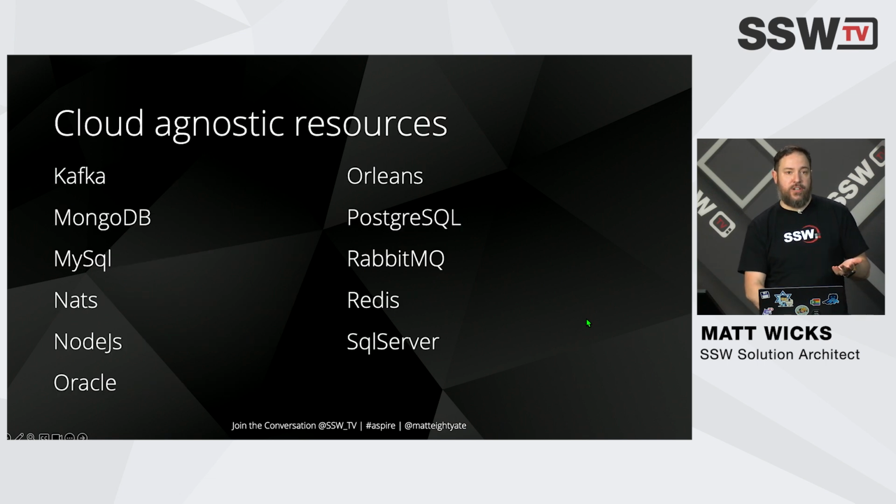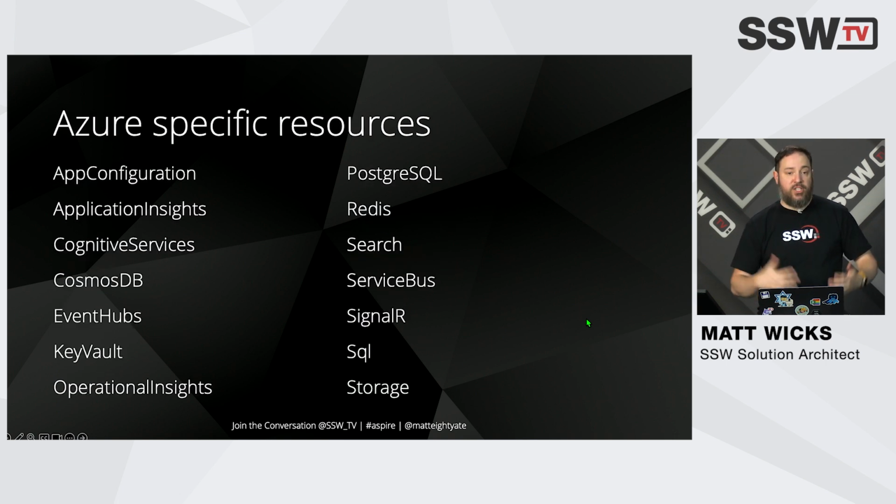There's a whole bunch of cloud agnostic resources that you can use. So there's a list here, and you can see there's things like MySQL, there's Node.js, there's Oracle, SQL Server in the mix as well. There's a bunch of Azure specific ones. So these are services running on Azure that you wouldn't find on something like AWS. You'll notice that a couple of them, like Postgres or SQL, have Azure specific variants.